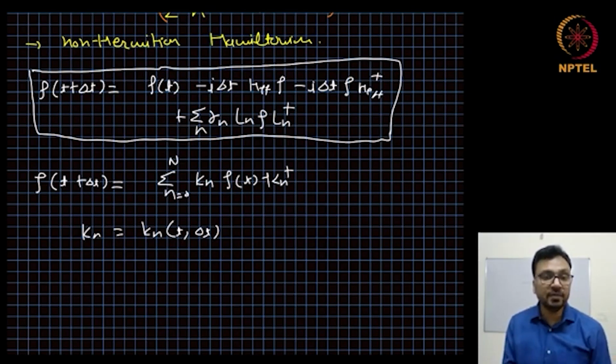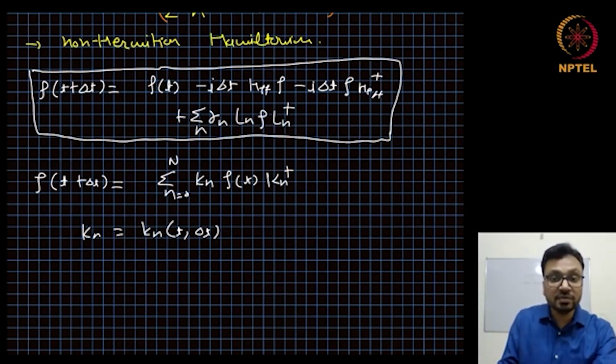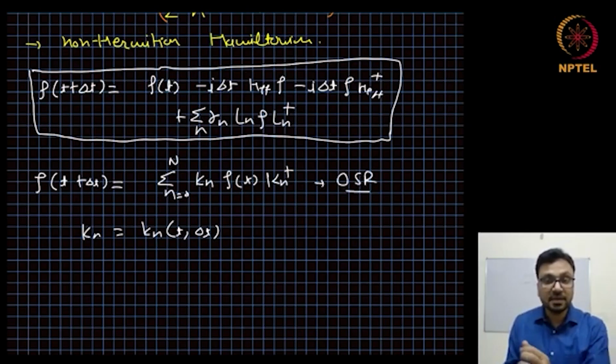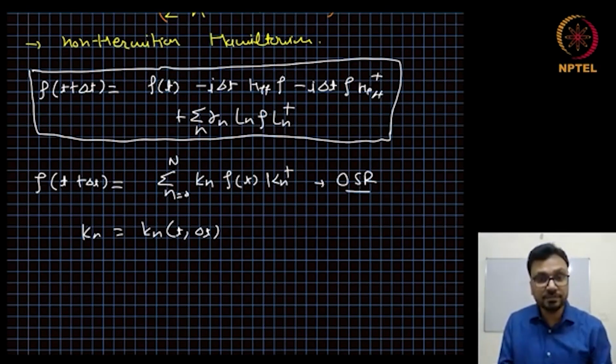So at the time when we are applying this Kn, it depends on that time and the time step delta t. In that way, we can write the infinitesimal or small time evolution of the state in terms of operator sum representation. Operator sum representations we have discussed in quantum maps and in measurements also.